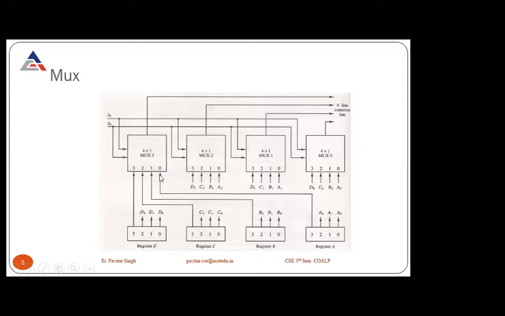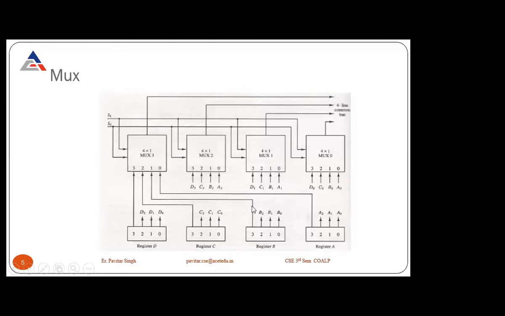So from 0 input, all the A's, you are getting the register A value: A0 to this 0, A1 to this 0, A2 to this 0 and A3 to this 0. If the value of S1 and S0 is 0 1, your B register will be activated, which means that here you can see along with 1, B0, B1, B2 and B3.